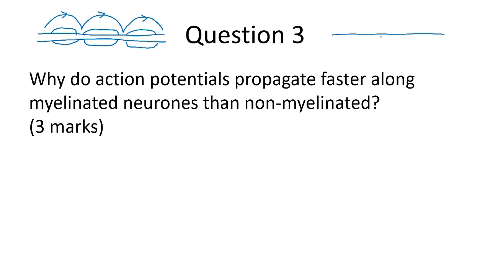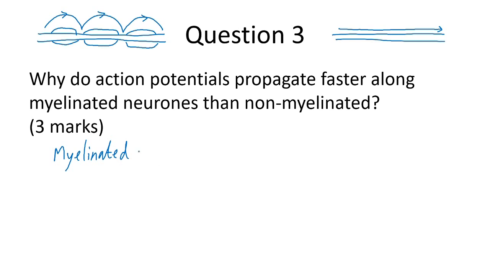Whereas in the non-myelinated neuron, it needs to go all the way along the membrane. So in order to get marks on this, we want to describe the situation. Whenever you're doing a comparison question, you must remember to talk about both sides. Don't just imply what happens in the other.